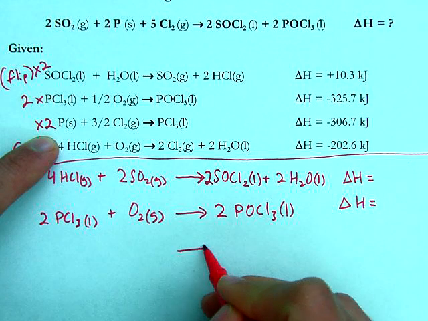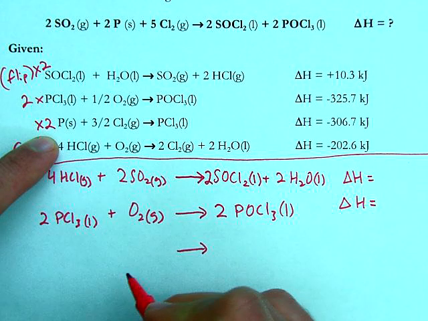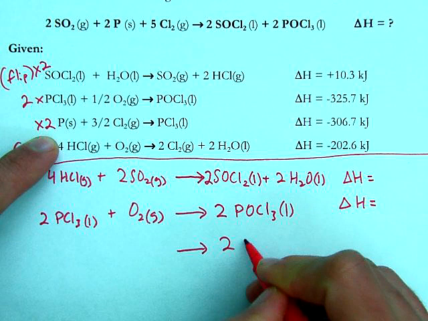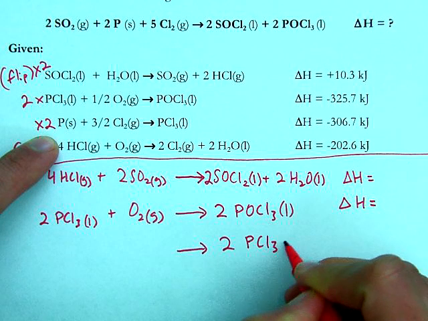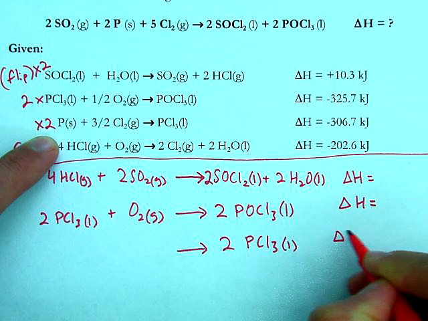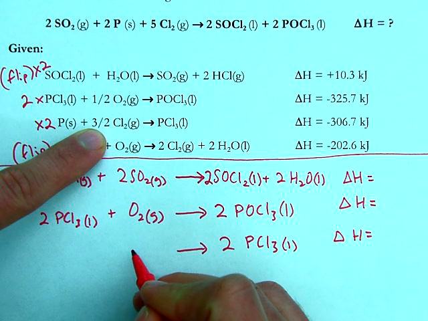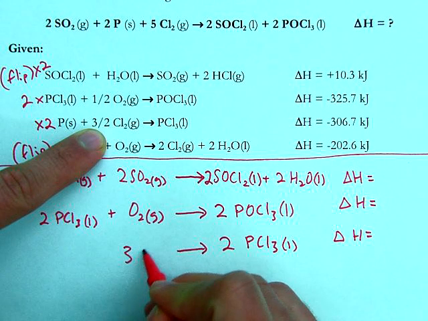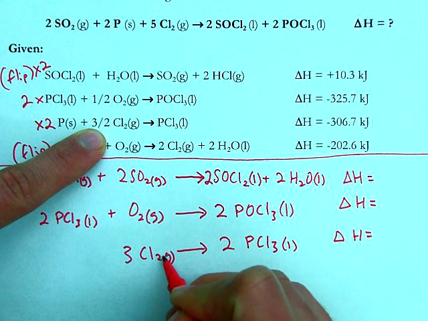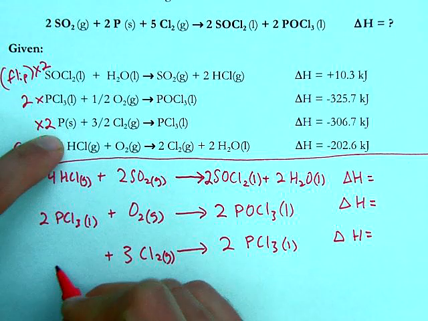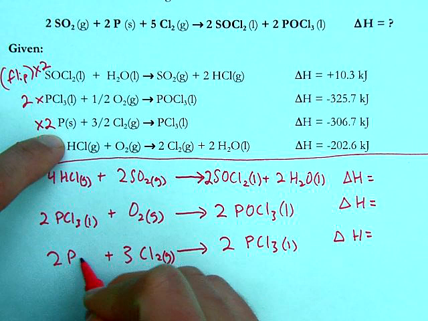So that's going to be, on the right side, 2 PCl3s. And on the left side, 3 halves, that's 1.5 times 2 is 3 Cl's. And I'm going to have 2 P's.